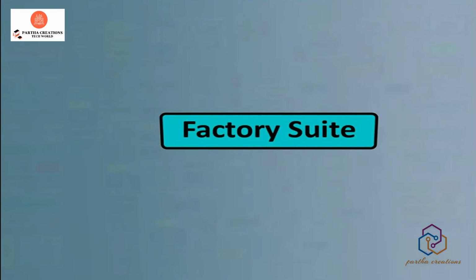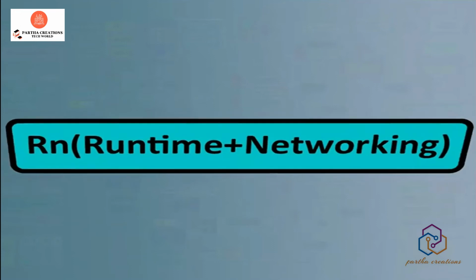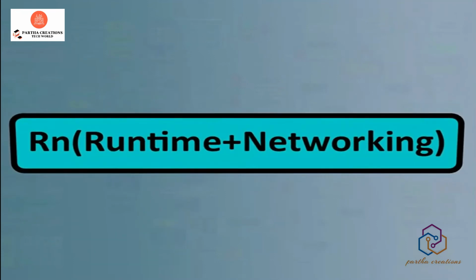The second package that is available to us is called RN, which is runtime and networking, which means that runtime and networking is available in the RN package. Runtime means that the files that have been developed in SCADA and provided to you can be viewed and also run. Along with that, you can also integrate and connect that file with a PLC and can easily operate, control, and supervise it with the help of the RN package.